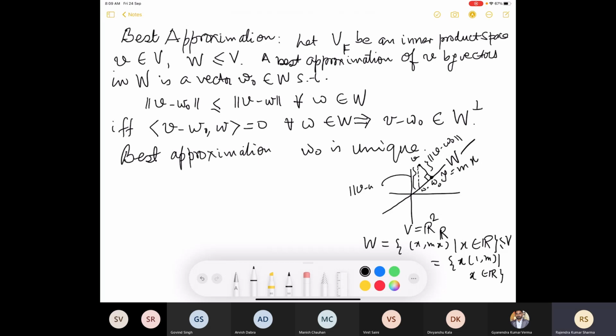So this is always, by the triangle inequality, greater or equal to the norm of V minus W naught. So this is minimum. When does it become minimum? This is when this is orthogonal. And that's what the second thing says, that V minus W naught is orthogonal to every W.